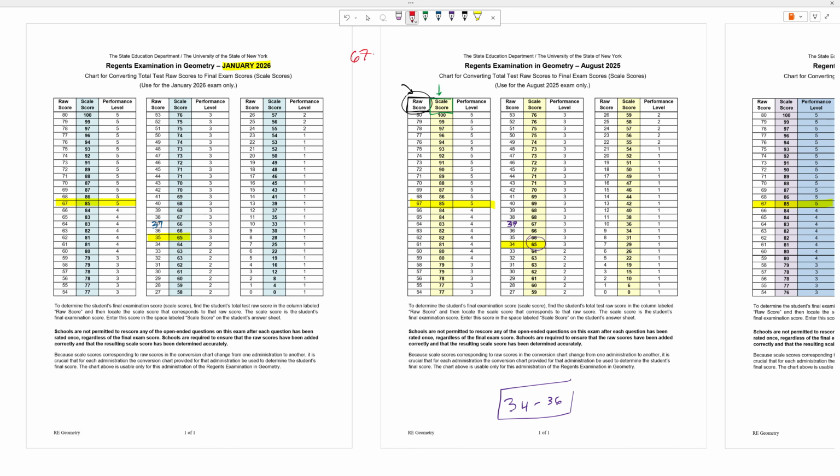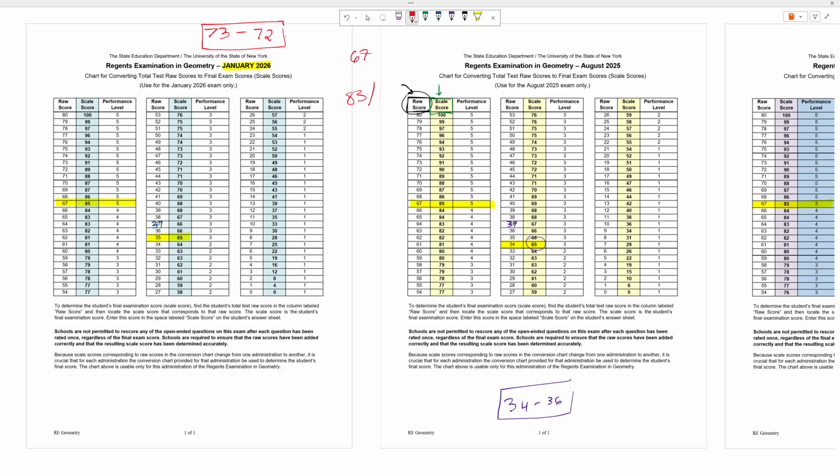That translates to 83% of the exam correct in order to get mastery. For those of you that want above a 90, in the past you've needed around 73 to 72 points in order to get above a 90 on this exam. So you need to get close to a 90.